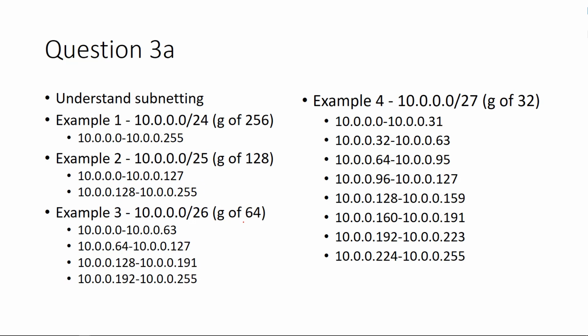If we're dealing with groups of 64, that'll be a /26: 0 to 63, 64 through 127, 128 through 191, 192 through 255. And our last example, if we're doing a /27, we have groups of 32. Here's the breakdown. Understand the subnetting portion. If you have any subnetting questions, let me know. I do have other videos on subnetting.